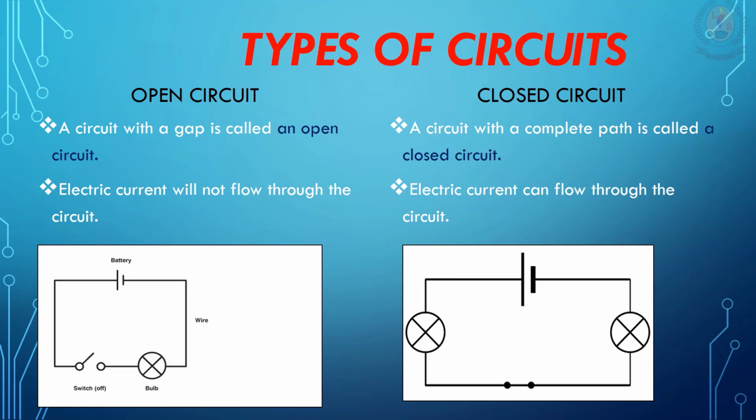In a complete circuit or a closed circuit, electric current can flow through it. What is a closed circuit? A circuit with a complete path is called a closed circuit. Electric current can flow through the closed circuit.